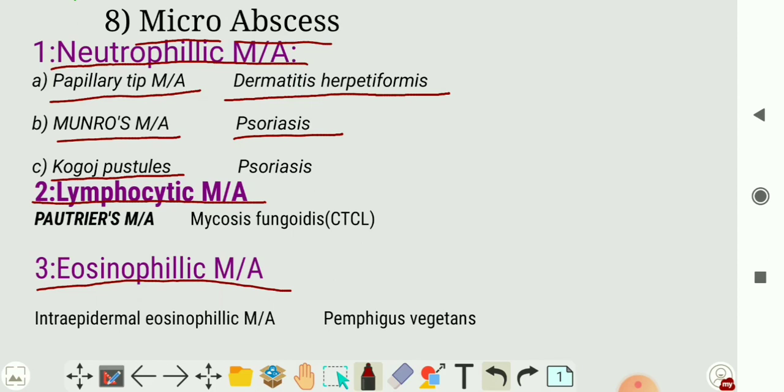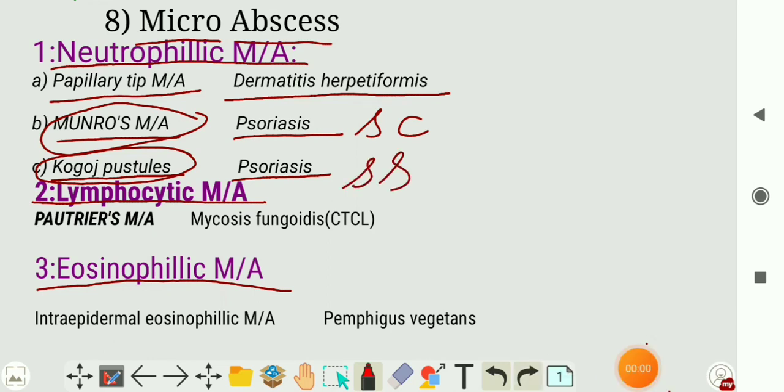in psoriasis. But what is the difference between Munro's microabscess and Kogoj pustules? In psoriasis, Munro's abscess is seen in stratum corneum, but the Kogoj pustules in psoriasis are seen in stratum spinosum.